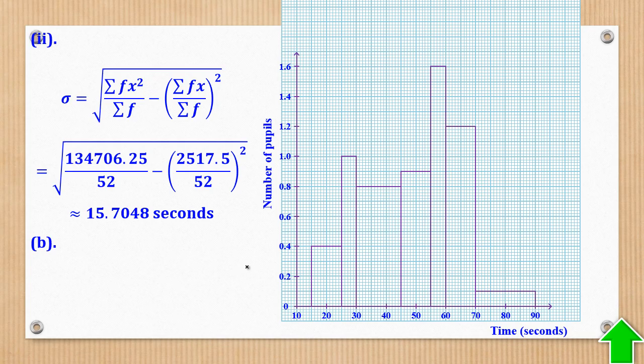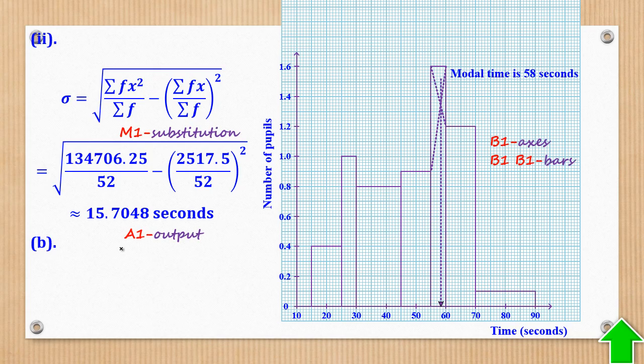Then they ask for the mode, so we shall need to join this point to this point and this to this point, get the intersection and drop it down to read off the value on the horizontal axis using dotted lines. So drop perpendicular to meet the horizontal axis and read off that value, and that will be the answer.